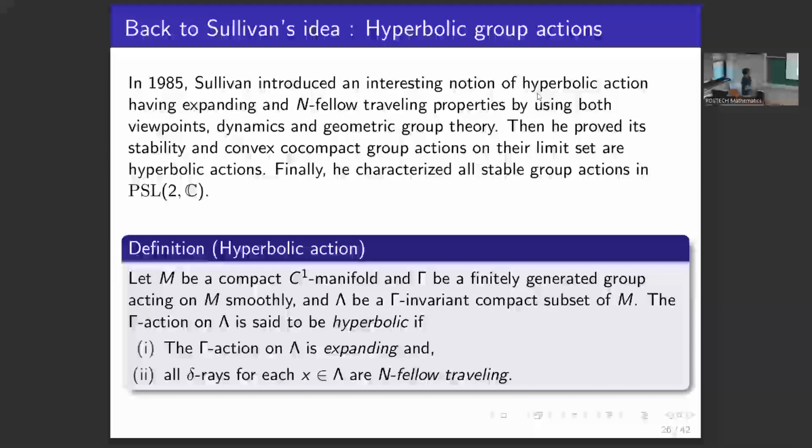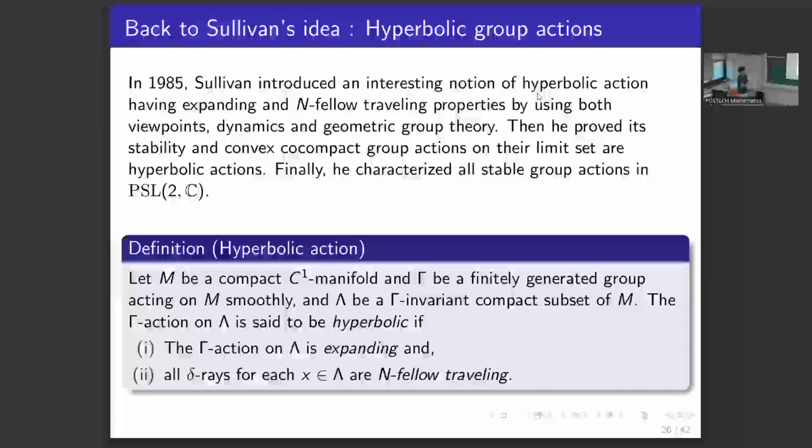So what is the hyperbolic group action? He defined the hyperbolic group action as follows. First, let M be a compact C1 manifold, and Gamma, a finitely generated group acting on M by diffeomorphism. Then Lambda is a Gamma-invariant compact subset of M. Okay, this is exactly the same situation as convex co-compactness.